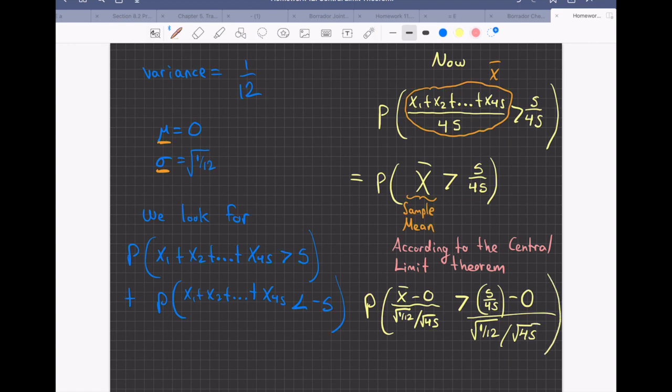And now all of this becomes Z, or it can be approximated by Z. So now we have that this is approximately, this symbol means approximately, the probability that Z is greater than the number.